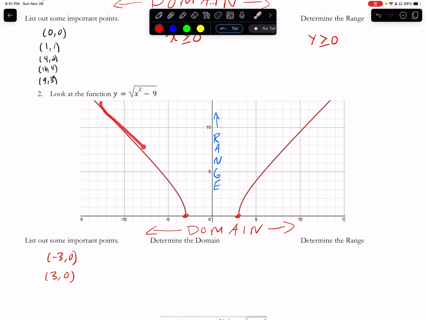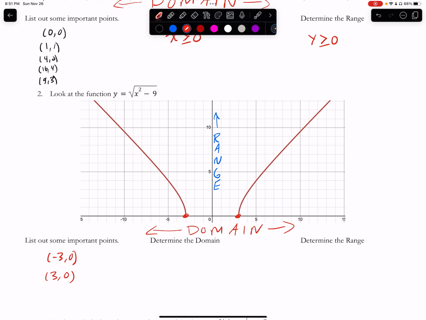It comes down and then jumps and keeps going up if we read from left to right. So the domain of this function is all numbers less than negative 3 and all numbers greater than positive 3. We can't plug in 0, negative 1, or 1.